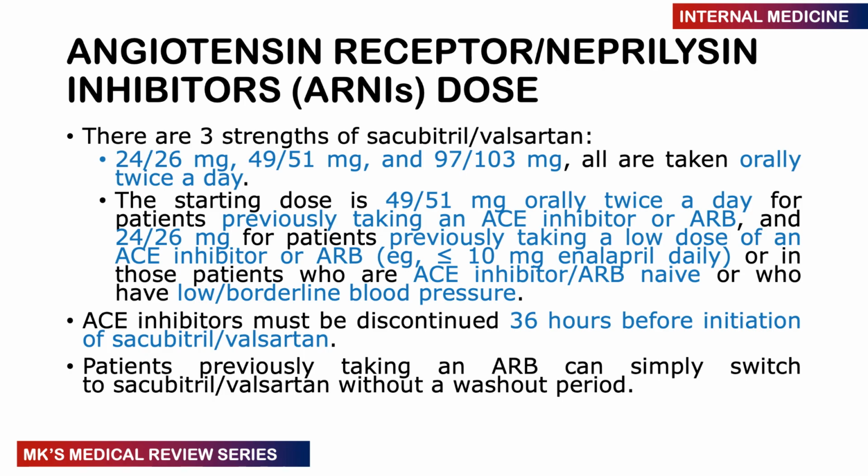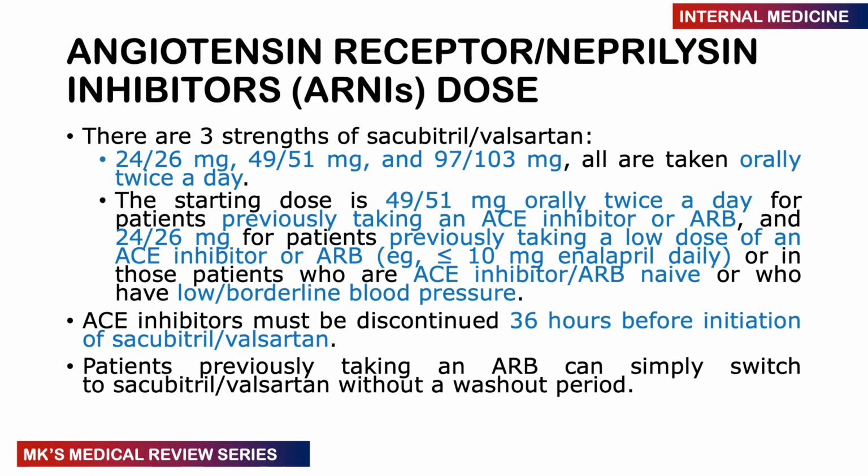And this one is, for example, for patients that have been on an ACE inhibitor. If they've been on an angiotensin receptor blocker, you start off with this. Compared to the ones that have been taking a low dose of ACE inhibitors, for example, less than 10 milligrams of enalapril per day, or they have never taken ACE inhibitors or ARBs at all in their life, or they have low or borderline low blood pressure, then you can start off at a lower dose, the 24 to 26 milligram combination.